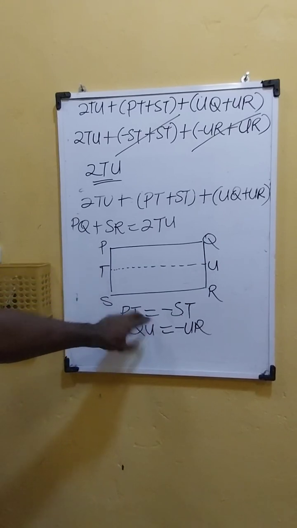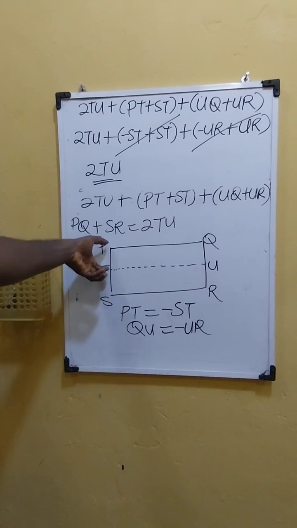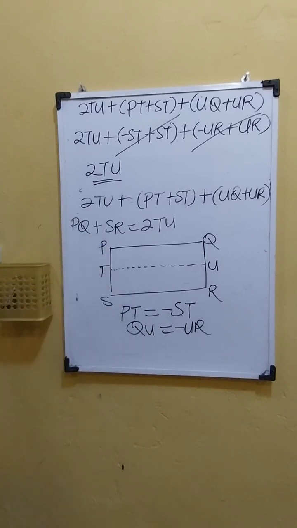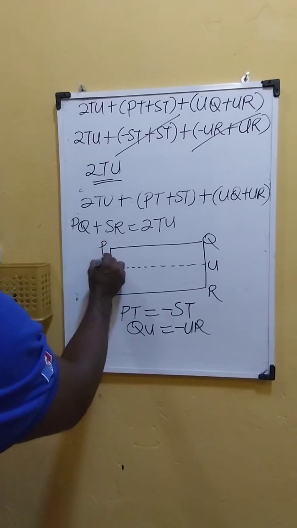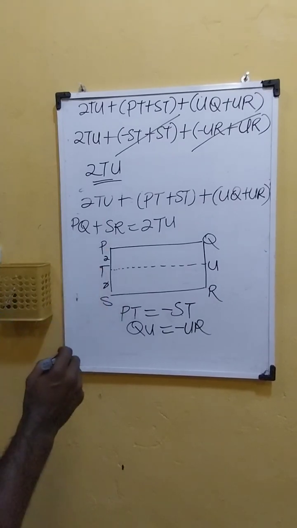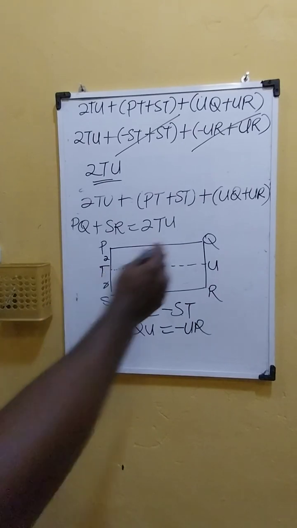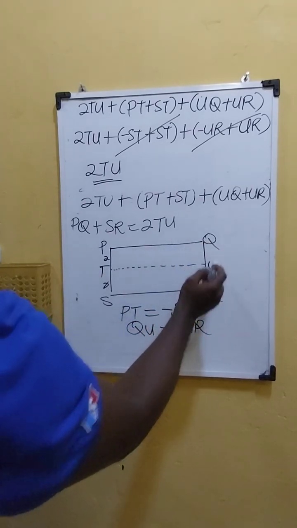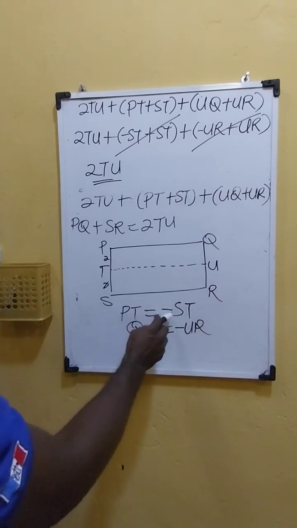So this side is the same thing as this side. So for example, if this point here to here is 2, what is here to here also? 2. That's why they specified quadrilateral. So if here to here is 2, here to here is also 2. That is just the extent of this. PT is equal to what? ST.